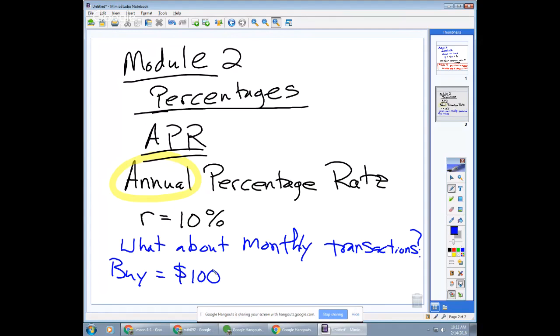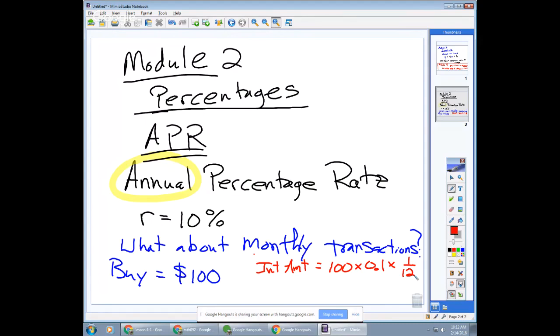So what would happen here is the interest amount would be calculated by taking the $100 that you owe them, multiplying by the rate, 10%, which would be 0.1, and then multiplying by the amount of time that's gone by. We looked at that a little bit in module 2.